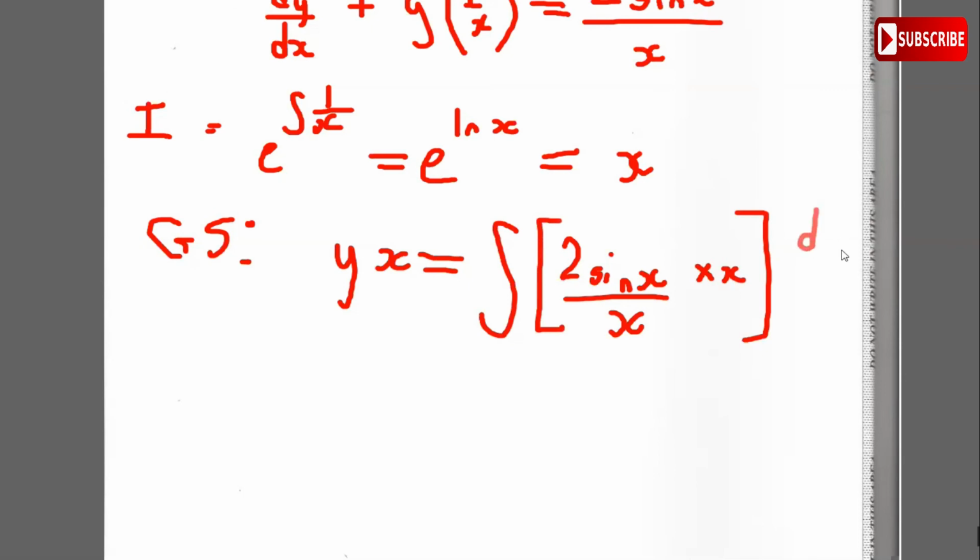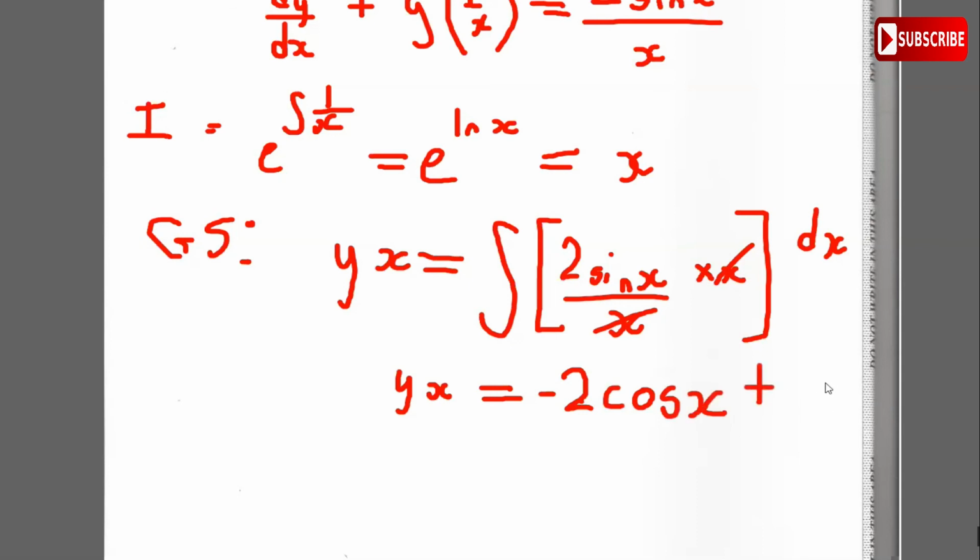Now the x times the x cancel. So what you get is y times x is equal to the integral of 2 sine x. Integrate sine, you get minus cos, so it's minus 2 cos x plus some constant c.